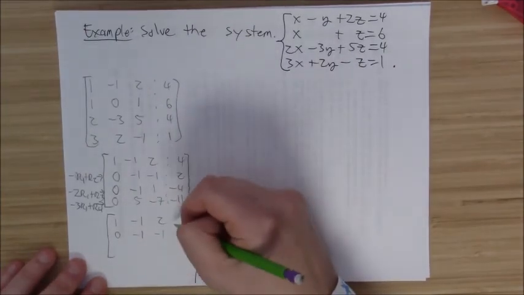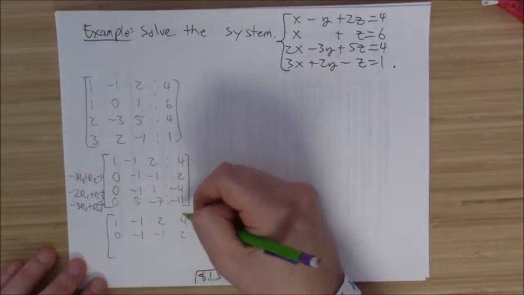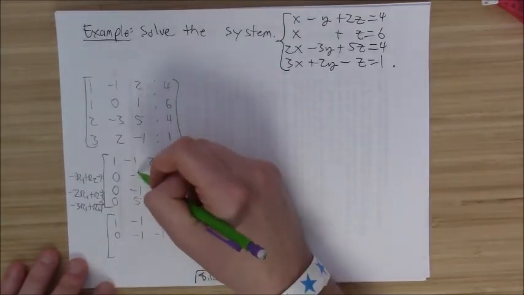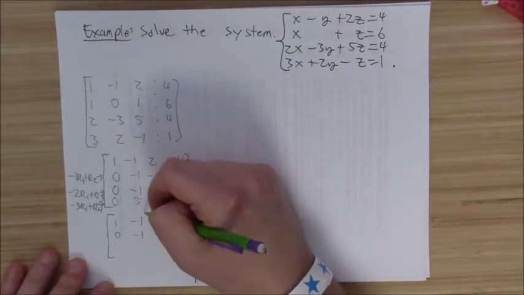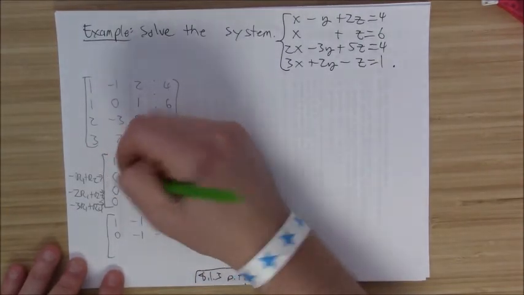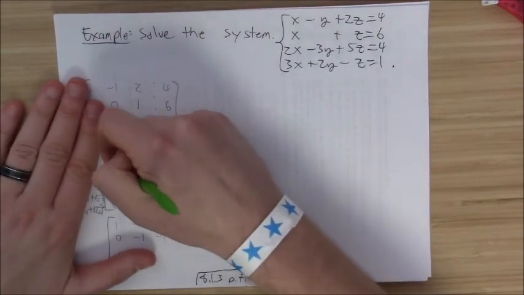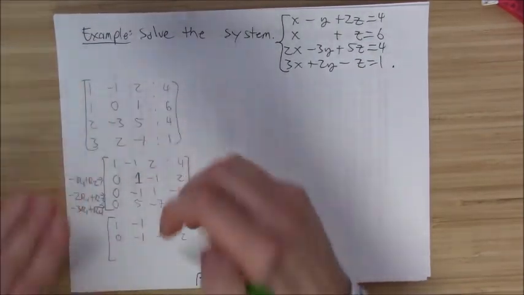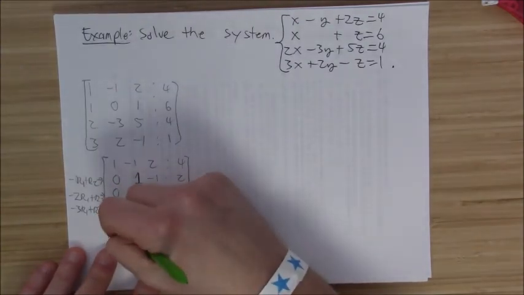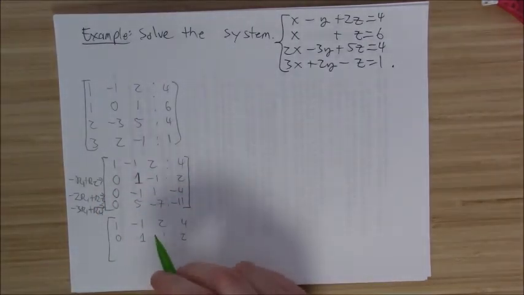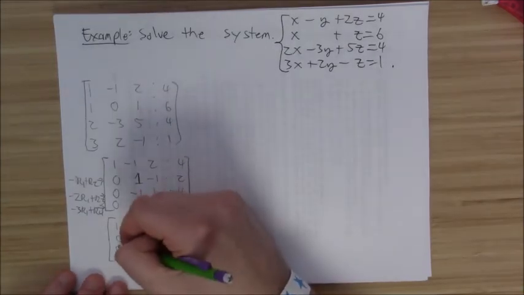So -1 and 2, and then for this row, we could subtract that row to get this one. Oh, and this should be a positive 1. I don't know how I got a -1 there. Sorry about that. Positive 1. So this is also a positive 1 there. But if we do that, we end up with 0.